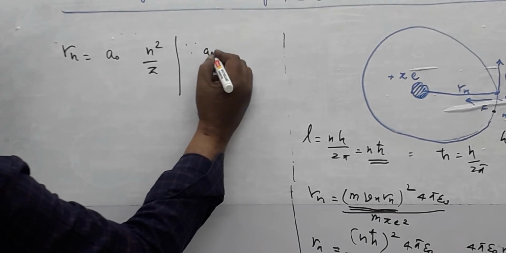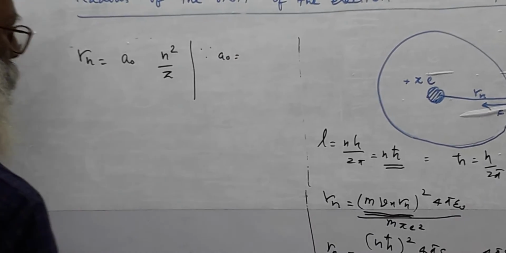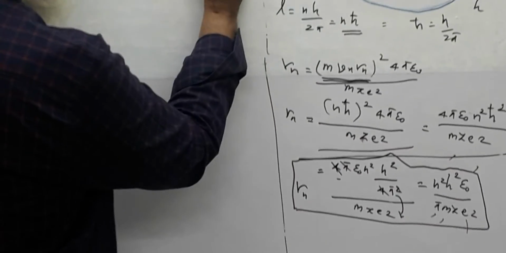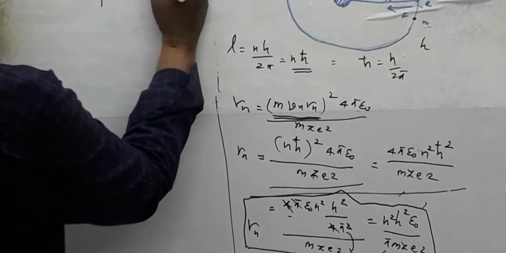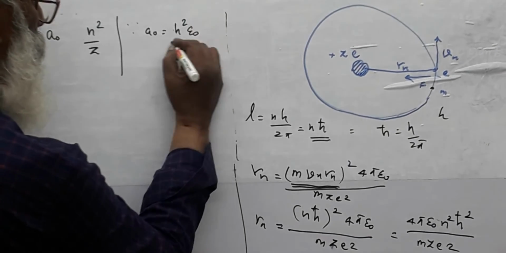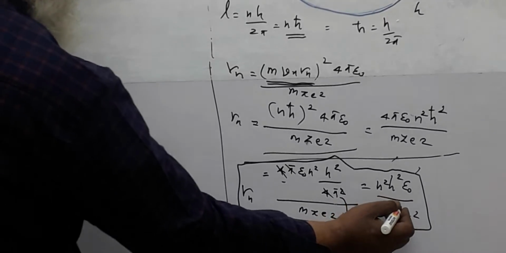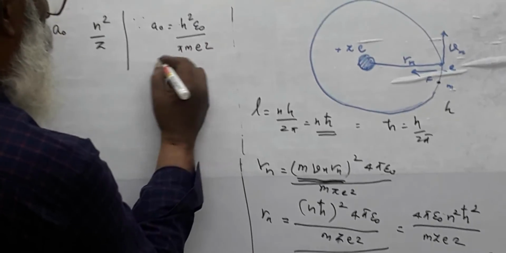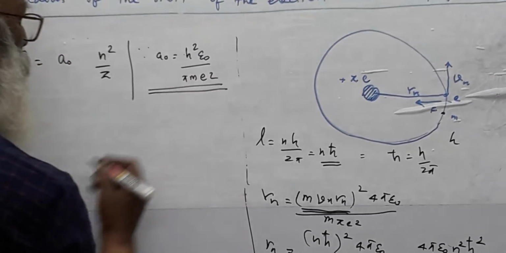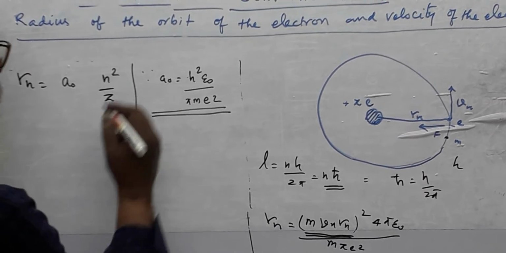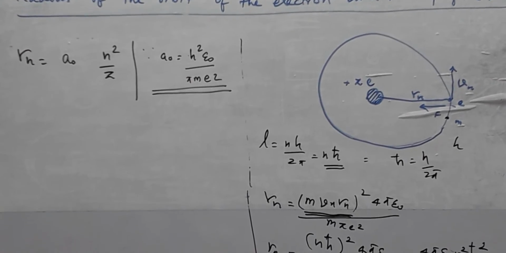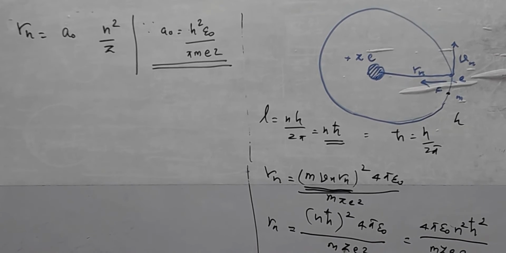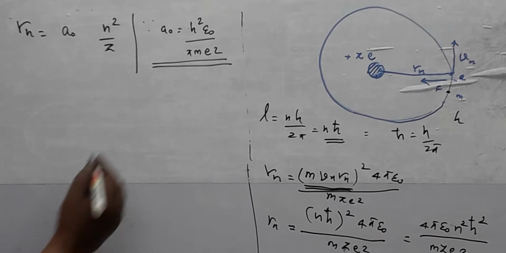A naught is h square epsilon naught divided by pi m e square. This is called Bohr radius.